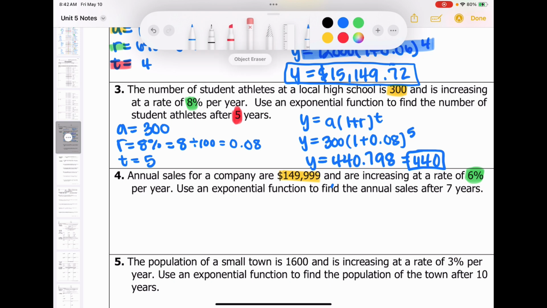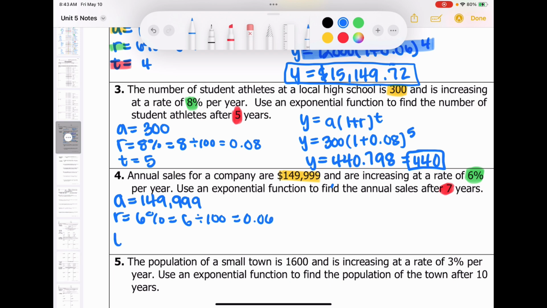So now we're going to use an exponential function to find the sales after 7 years. So now we have our time. So a is 149,999. Our rate is 6%, but I'm going to do 6 divided by 100 to get it in decimal form. And then t is 7 years.